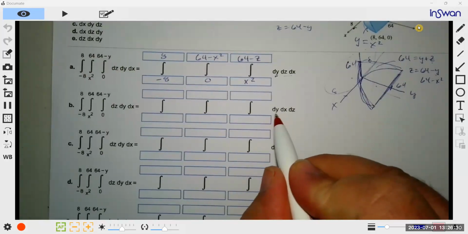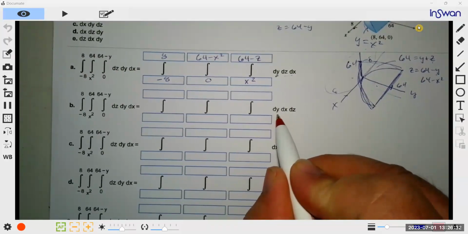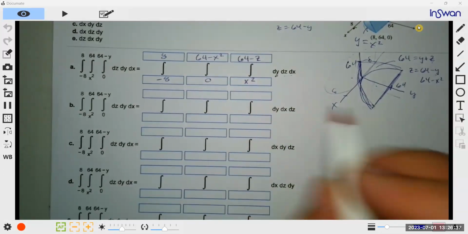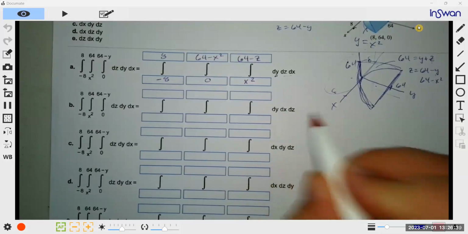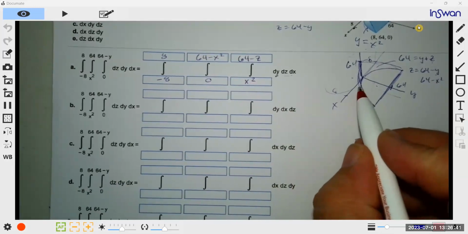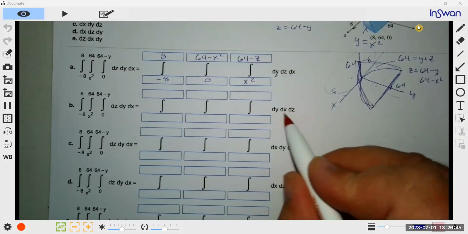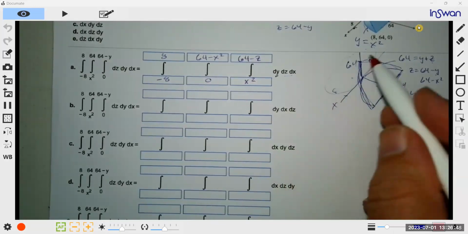Now the new one, dy. So we already got dy. That's going from, well, actually, what's this? Dy dx dz. So dy, it's on the dx dz. The shadow's back here.